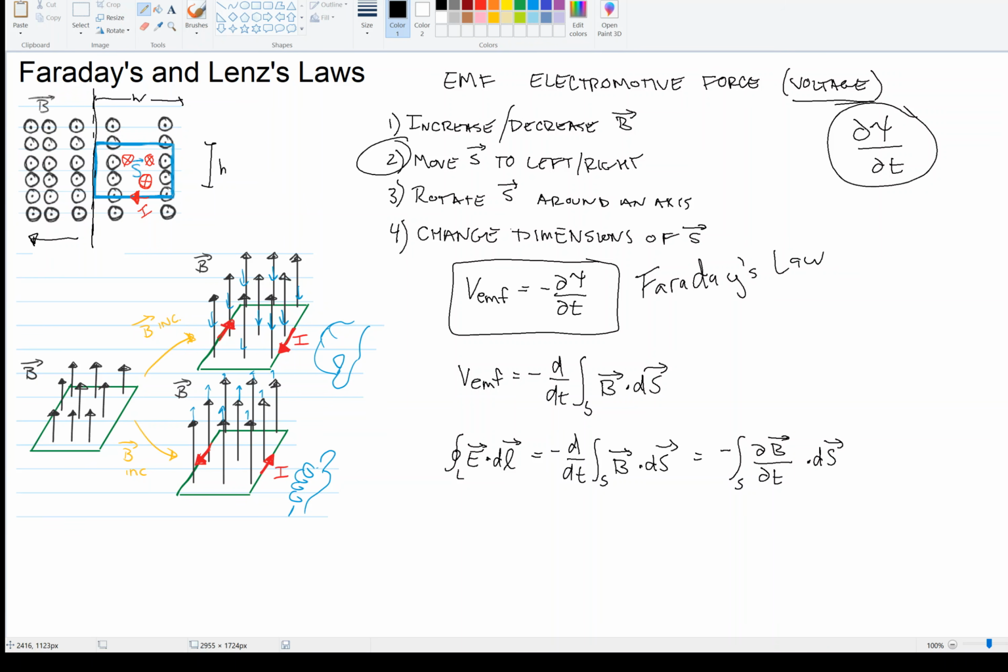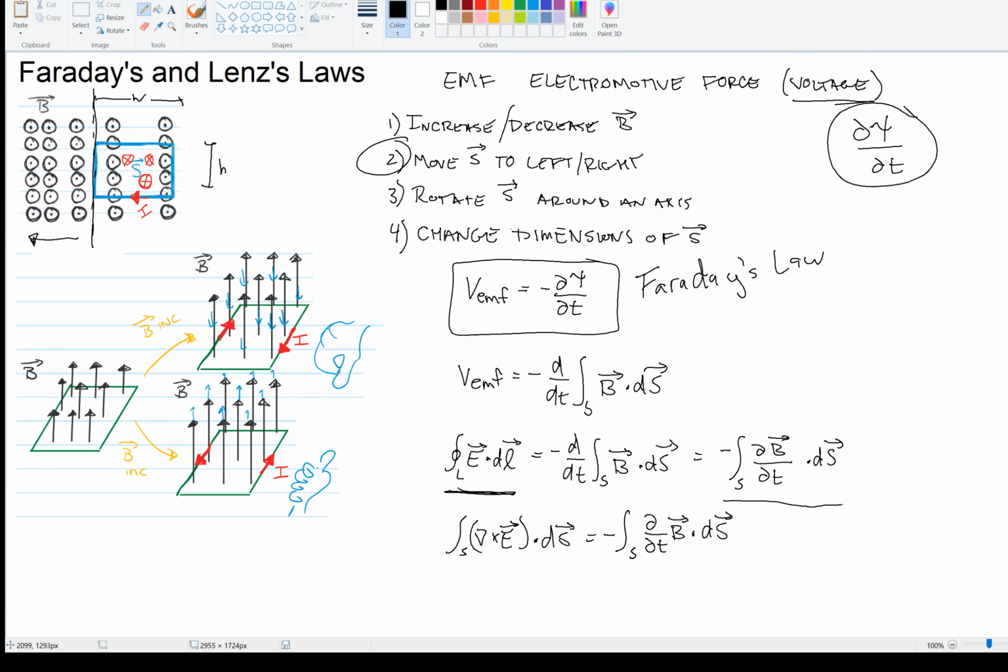Okay, and now with Stokes' theorem, remember Stokes' theorem relates a closed line integral with the curl and a surface integral. So now the left side with Stokes' theorem would become a surface integral, over the surface area of this closed loop, of the curl of E dotted with ds, and then that equals, if I look at the right, negative the integral over S of the partial derivative of B dotted with ds, like that.